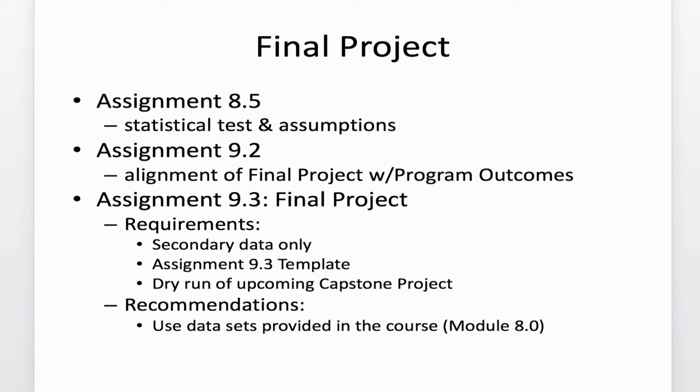Very briefly about the final project. That project is referenced beginning in Module 8, and Assignment 8.5 is about how and why you selected the statistical test that you're going to use in your final project, and you're going to need to test the assumptions. So what does this mean?